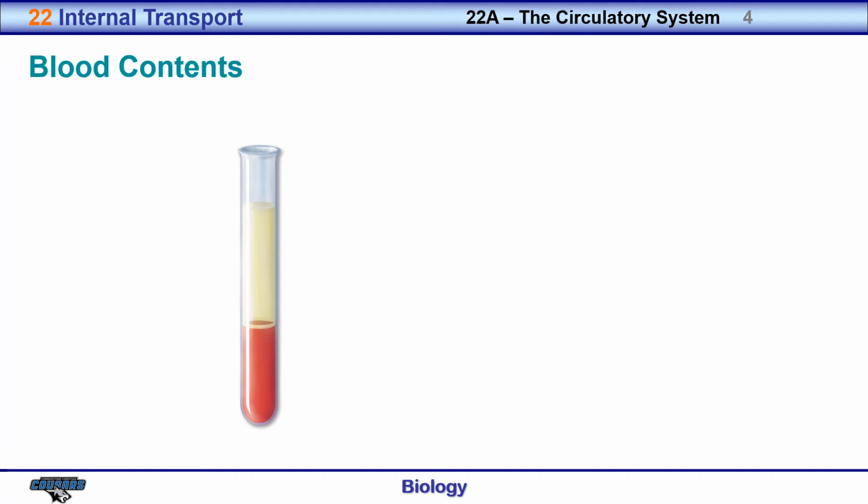Now, the blood contents. If you were to allow a portion of blood that's been drawn from the body to set for a period of time, you would notice that it would separate like it kind of shows here in this test tube. The top part would be a straw-colored liquid, and at the bottom would be a reddish portion. The top part is called the blood plasma, and it's the liquid part of our blood, which makes up about 55% of the blood.